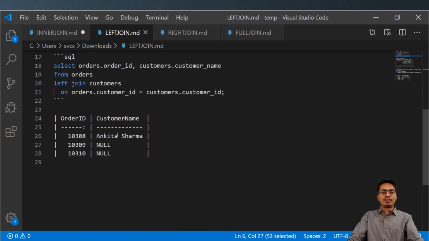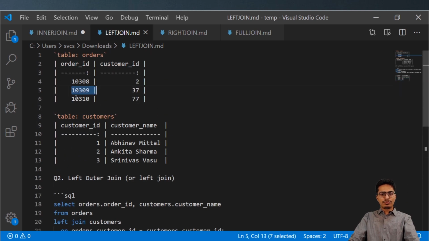Now, what this means is this is the one row in the left table which was able to match to the right table, but these two order IDs, for which the customer IDs are in such a way that we can't match them to any of these rows here, in a left join, both of these rows are going to be included in the result.